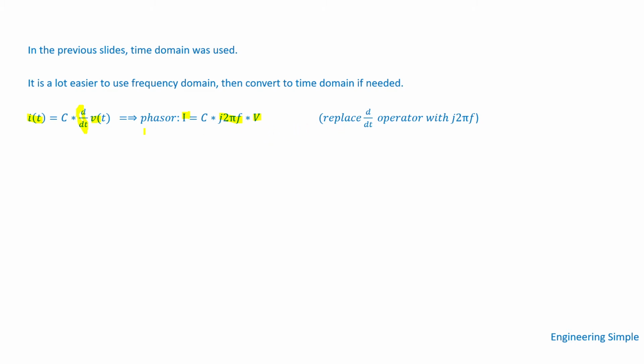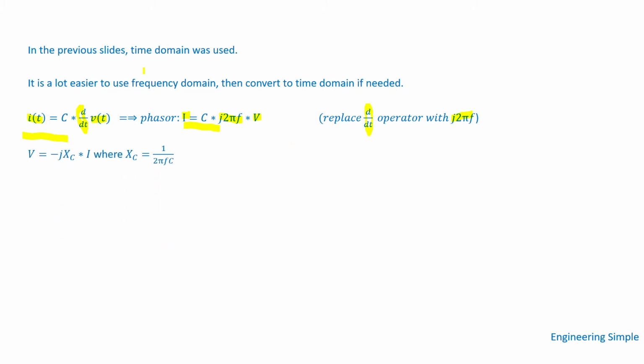So basically the conversion from time domain to frequency domain: as you can see here, everything is with respect to time. Instead, I'm using frequency. Basically, I use this operator and replace it with the term j times 2 pi f.